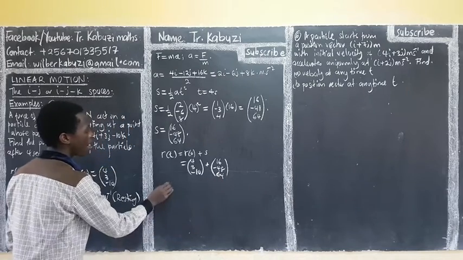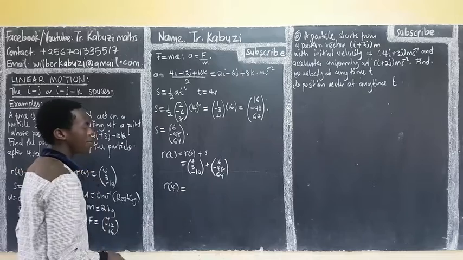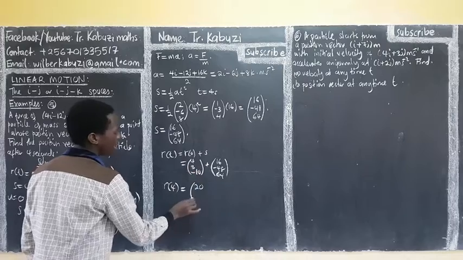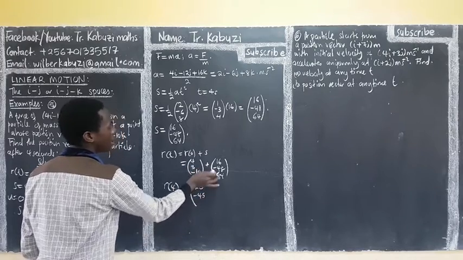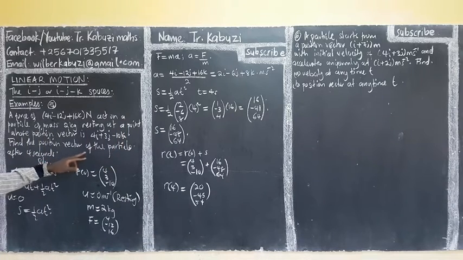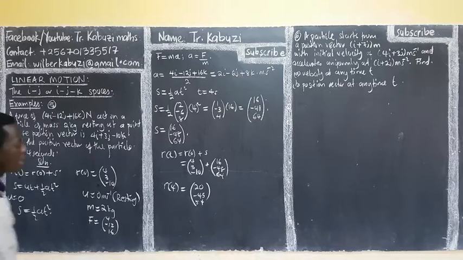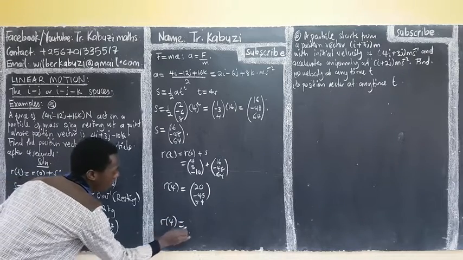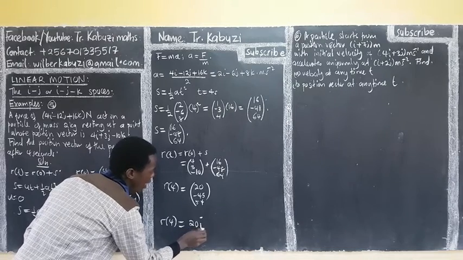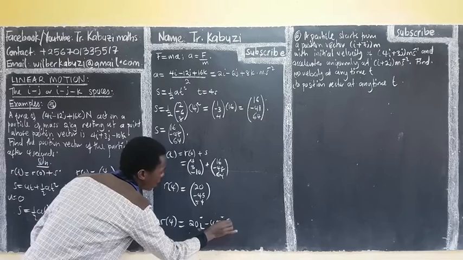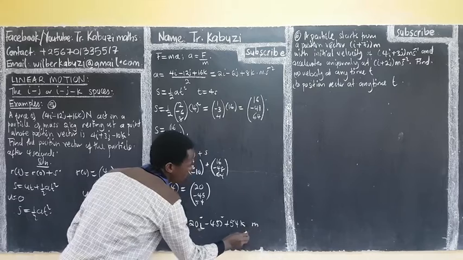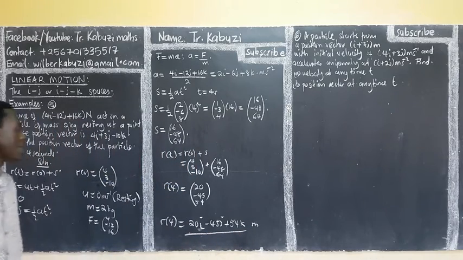So now, our r after 4 seconds is going to be, we add this plus this, we get 20, then 3 minus 48 is -45, then -10 plus 64 is 54. So now, the position vector of the particle after 4 seconds is going to be 20i minus 45j plus 54k meters from the origin.